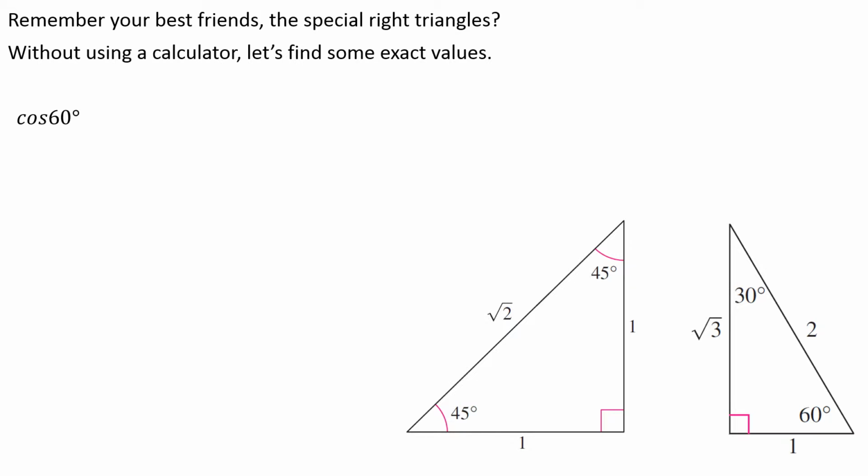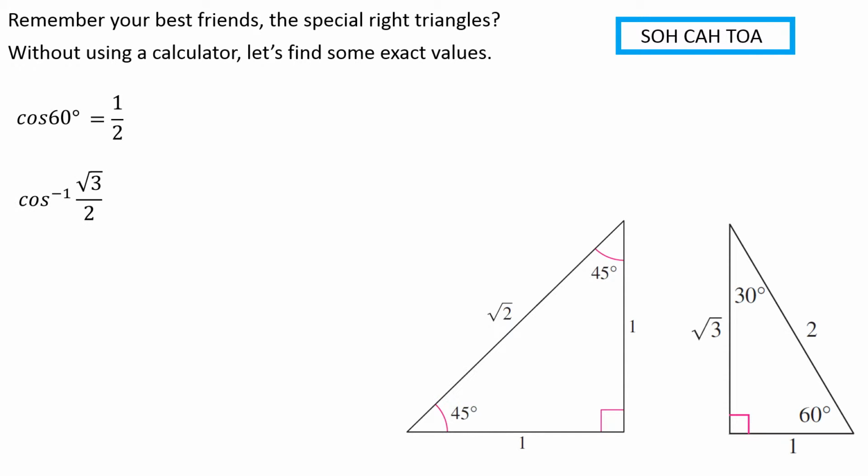Well, cosine, of course, is adjacent over hypotenuse. Right? SOHCAHTOA is my reminder for that. So if I'm at a 60-degree angle, what is the adjacent side? What is the hypotenuse? Well, if I look at a 60-degree angle, the adjacent side is 1, the hypotenuse is 2, so the exact value is 1/2.